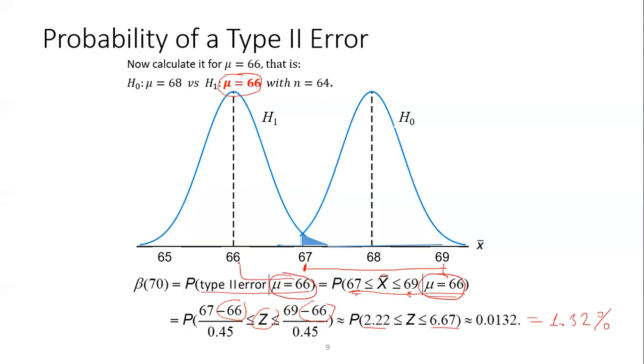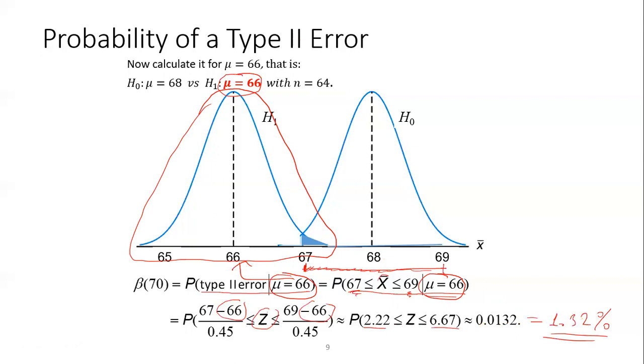It means that we use this distribution. X bar is distributed with this distribution, and you have to find the probability using it. The result is equal to 1.32%. Right? It's the same.